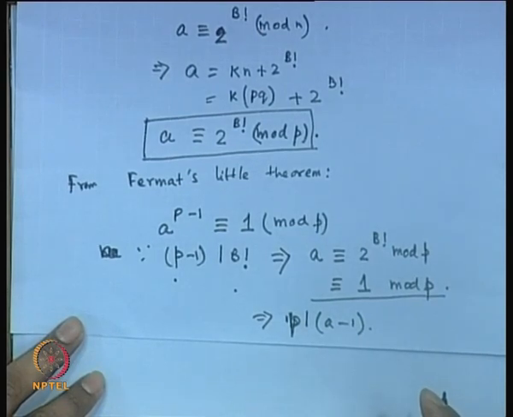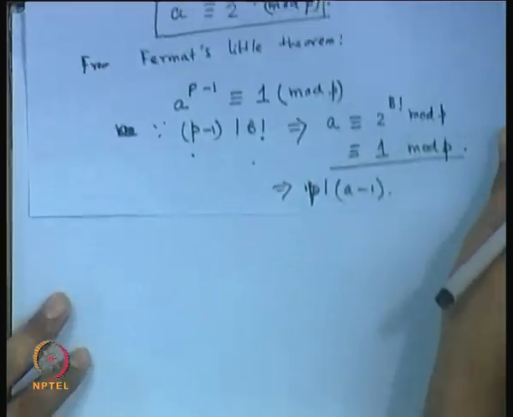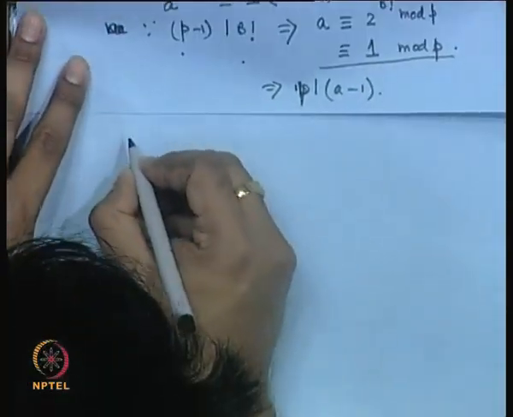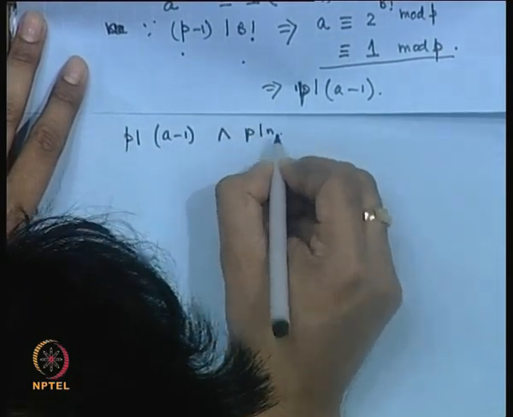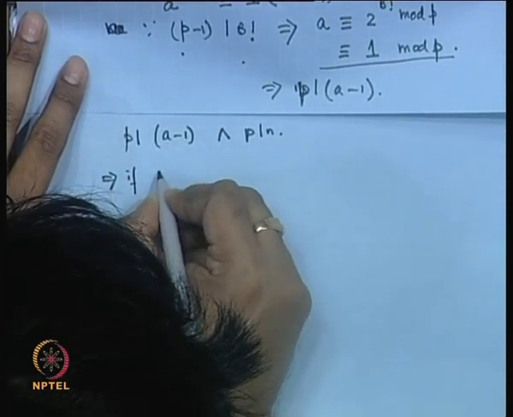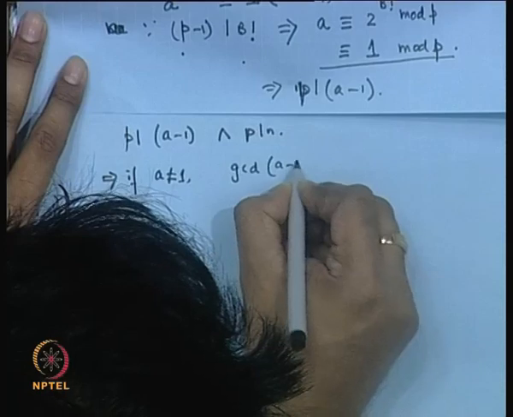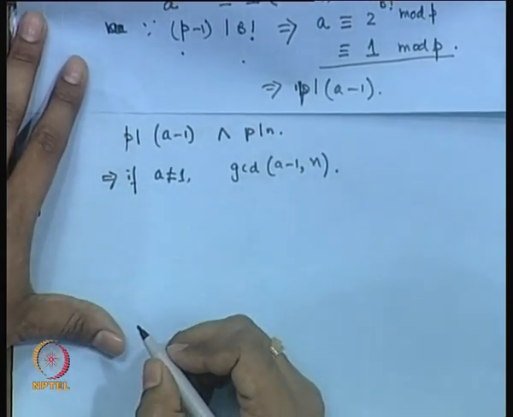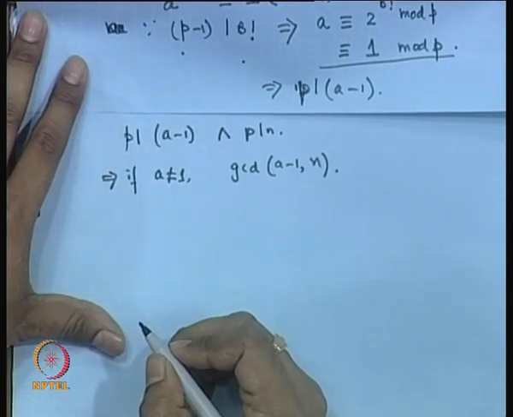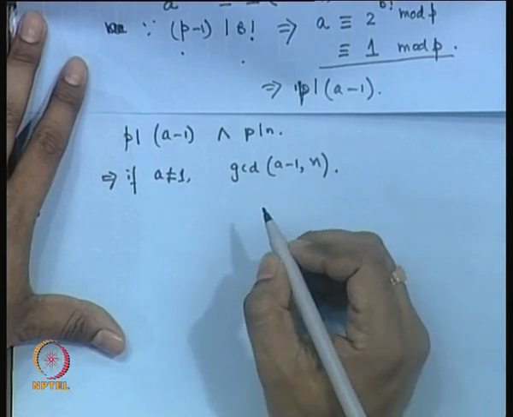Therefore, if a is not equal to 1, then the GCD of a minus 1 and n will give me one non-trivial factor of n.